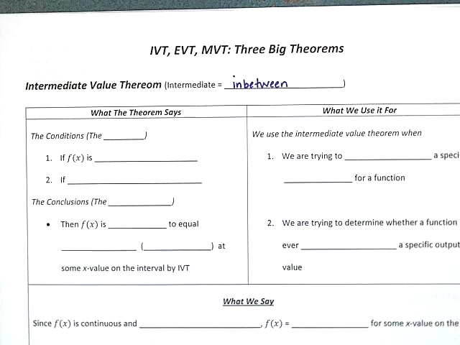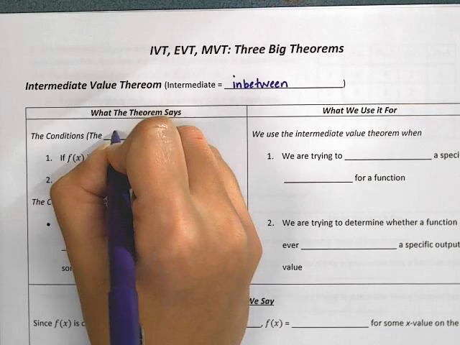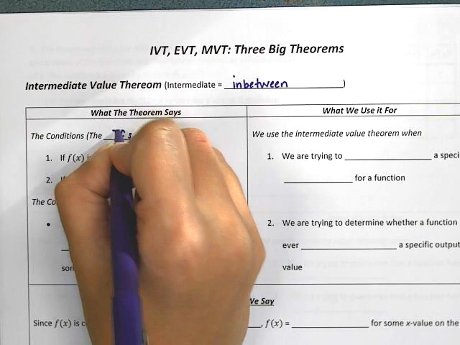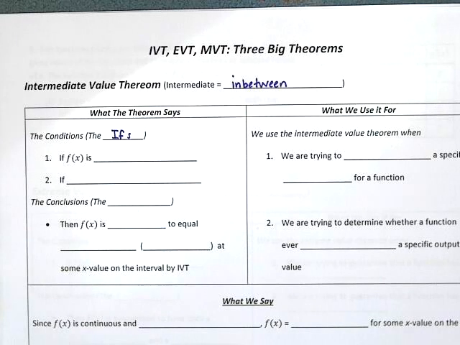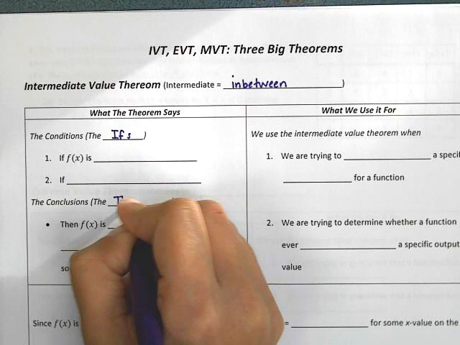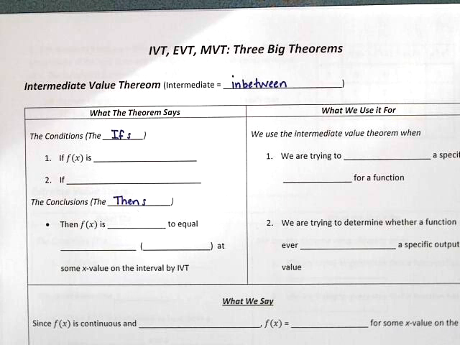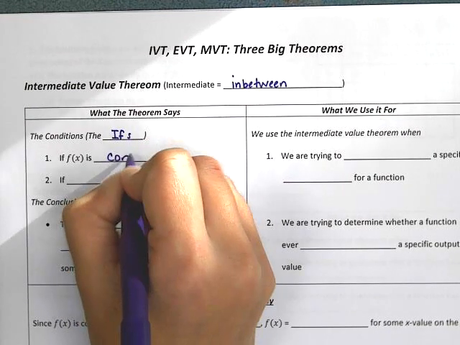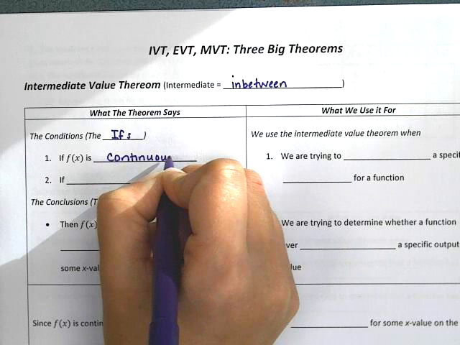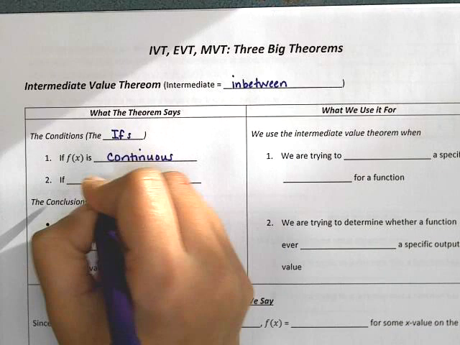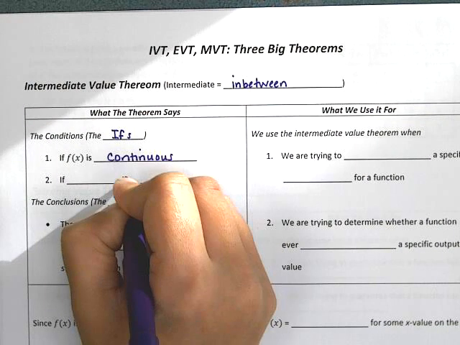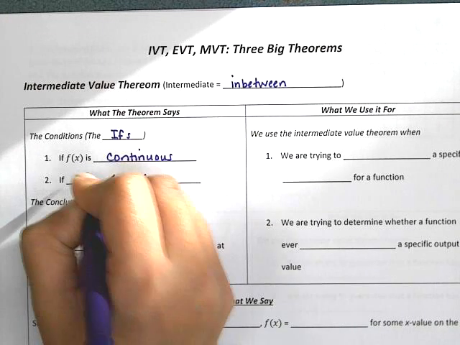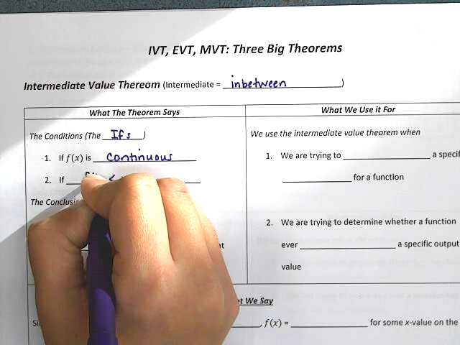The intermediate value theorem says that if we meet the conditions, or the ifs, then we can draw certain conclusions about a function. The conclusions are like the thens. So the intermediate value theorem has two ifs. If f of x is continuous, and if the number we're trying to verify is in between the y values of the endpoints.